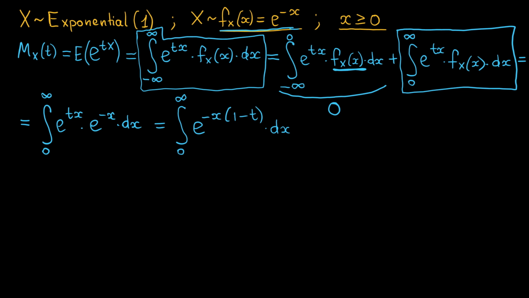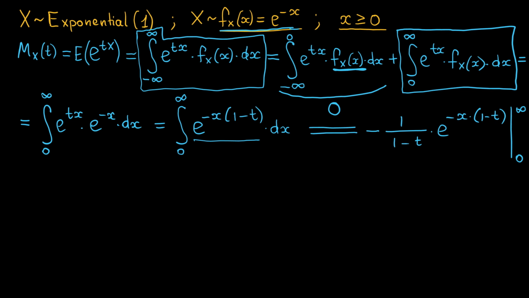Okay, and how do we integrate this? First, this reminds us of the power rule, right? And so I think that if we put a 1 over 1 minus t in front, that should do it.